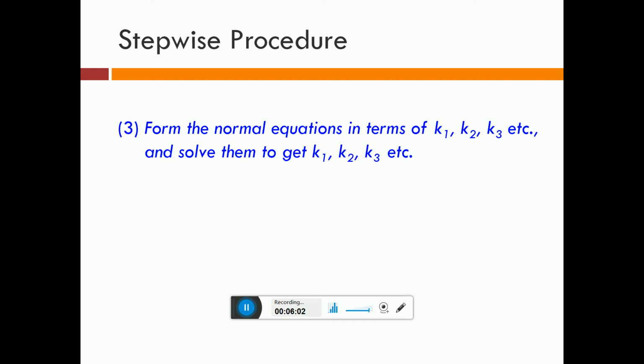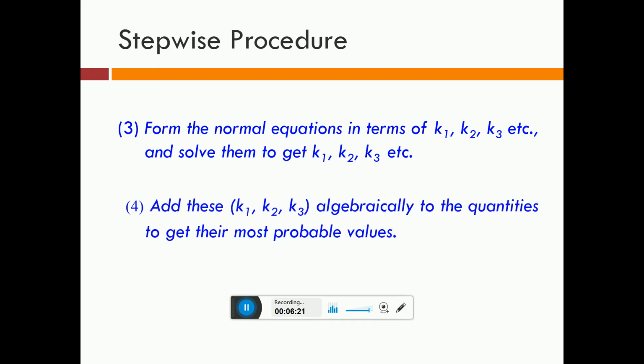The advantage of using the reduced form of equations in terms of K1, K2 and K3 is that the large numbers are eliminated and the calculations become simpler. That means you can reduce the labor, and the chances of committing mistakes are very low.